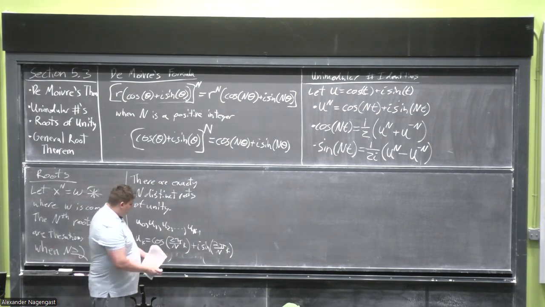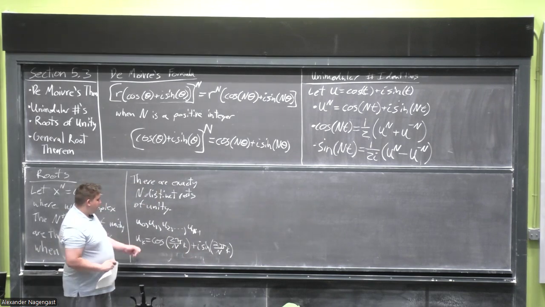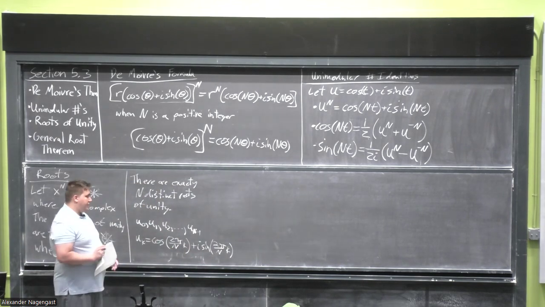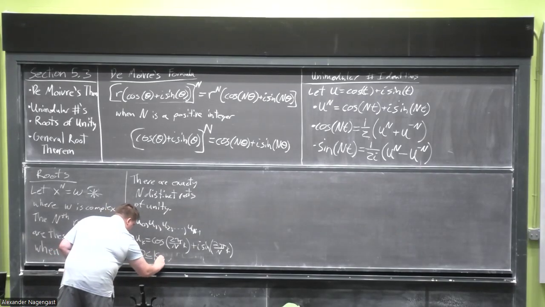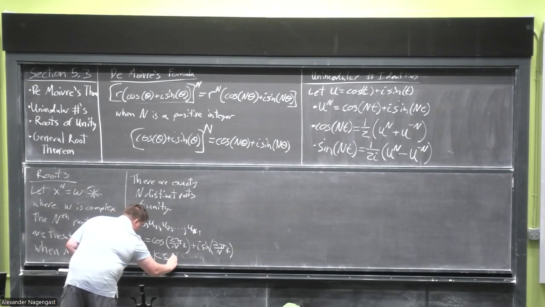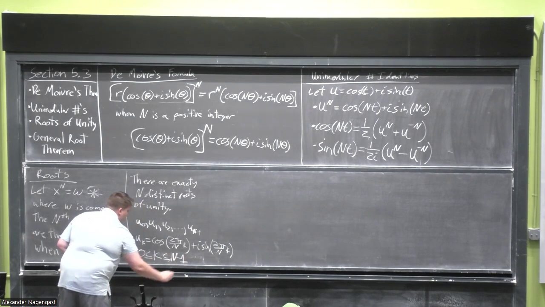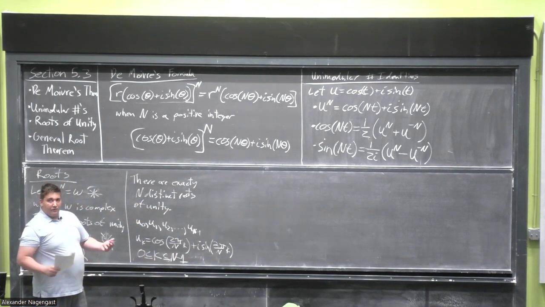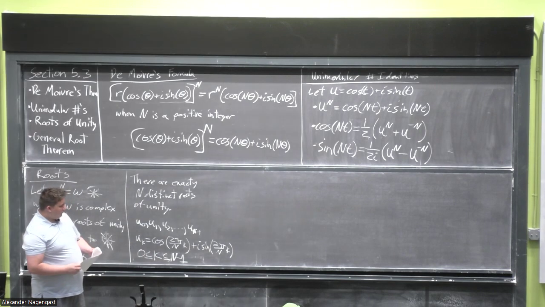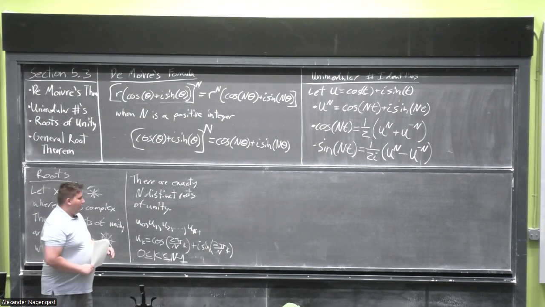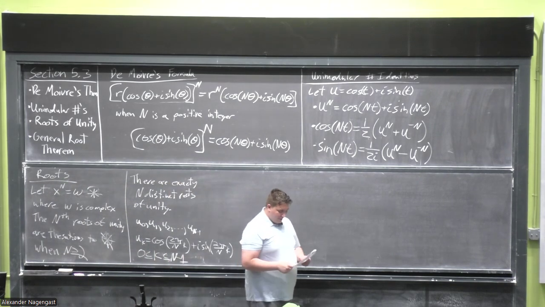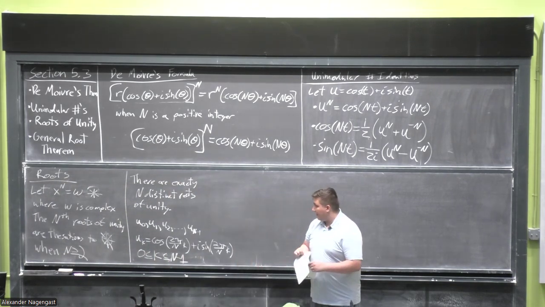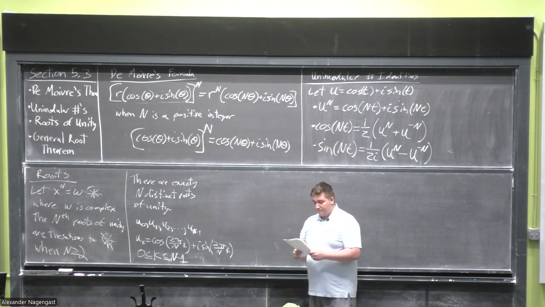And again, this is where k is any root of unity that we're interested in. So we can define that as 0 less than or equal to k, less than or equal to n minus 1, and k is an integer. So whatever root that we're interested in, we can find it with this formula.